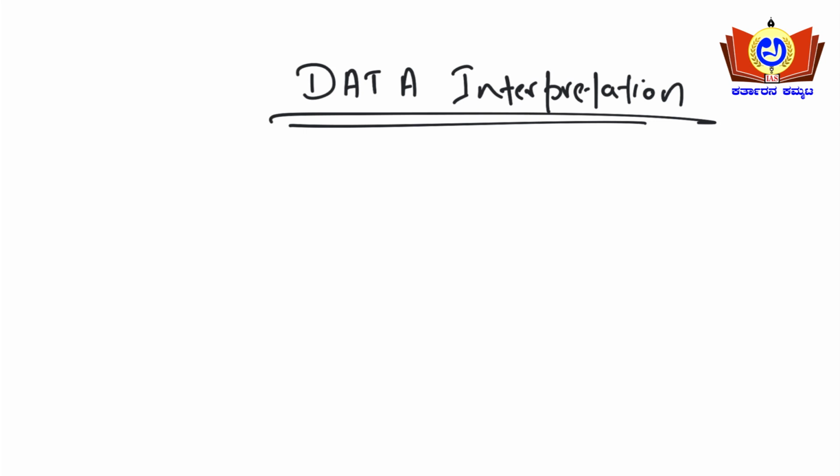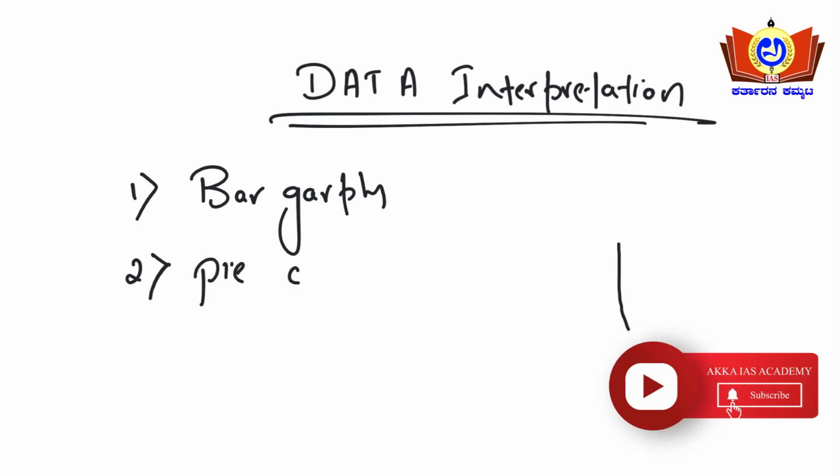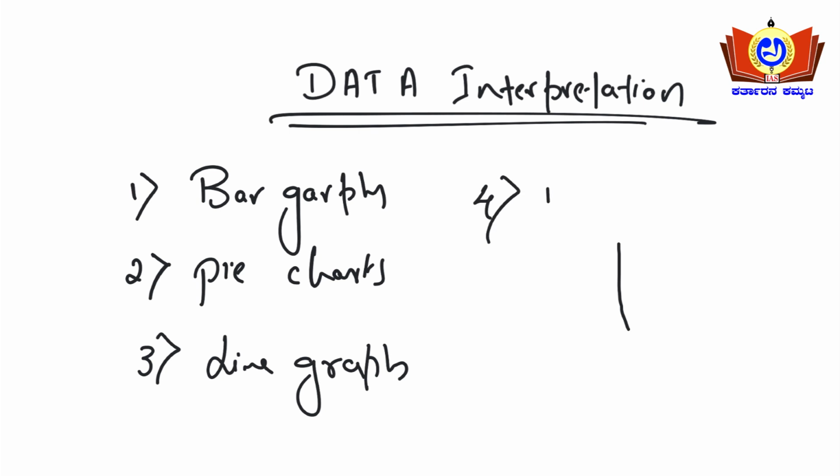What data interpretation means is that the data shall not be directly given, okay? It shall be represented through a few different types. The data shall be represented based upon bar graphs, or pie charts, or line graphs, or else a tabular column.